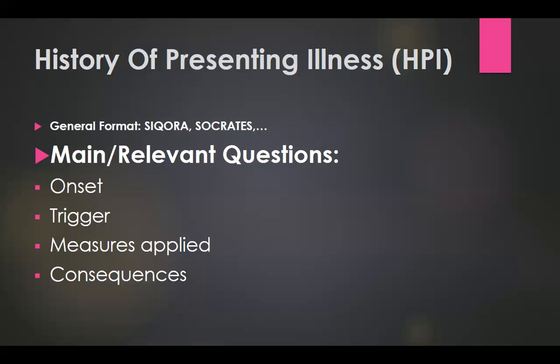So there is one point about the measures applied. Some candidates mention, okay, so have you been drinking? Have you tried anything that you thought might have helped? Have you been smoking, drinking, or taking drugs? And they think it's a smart way to combine the drug history with the history of presenting illness.